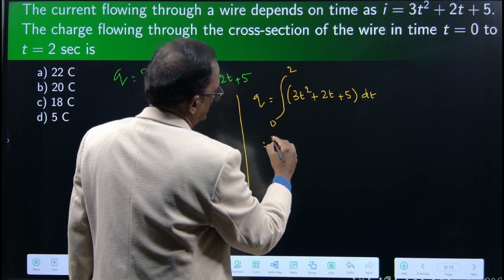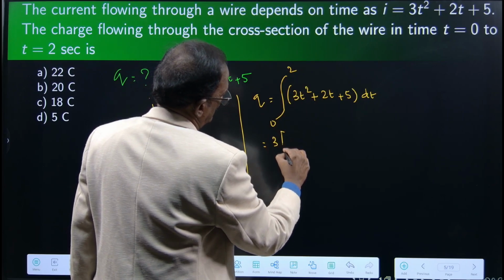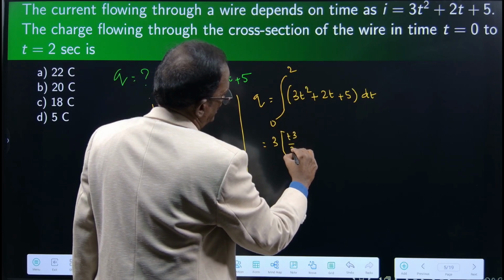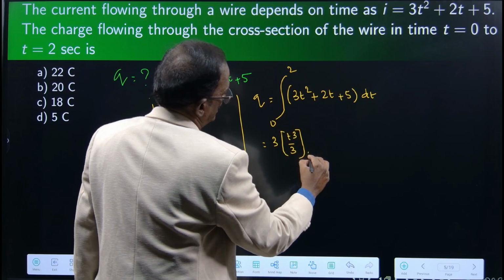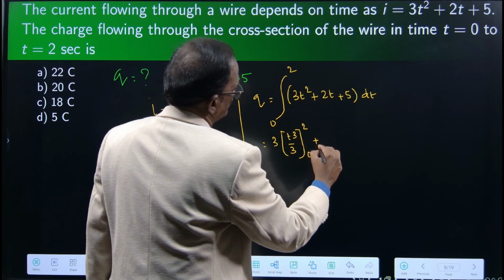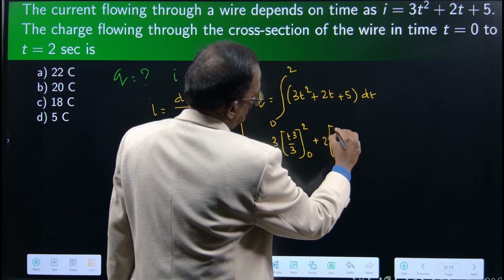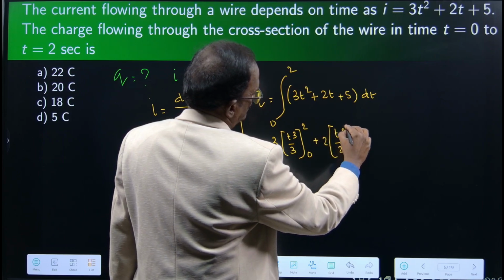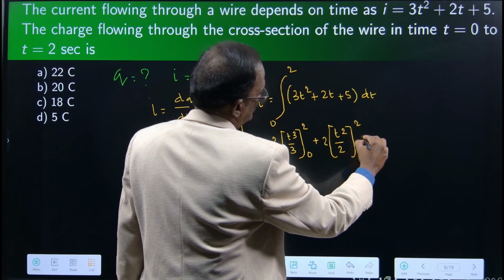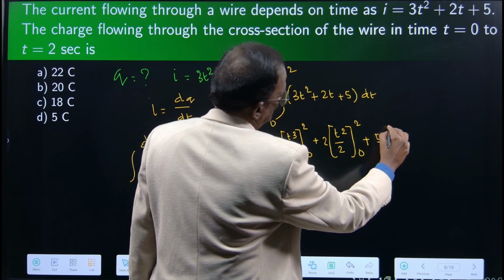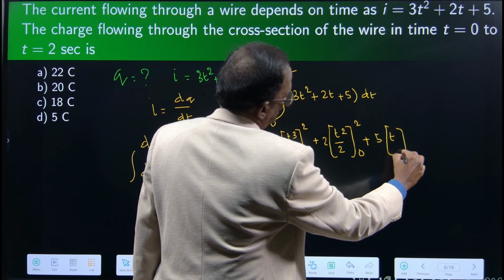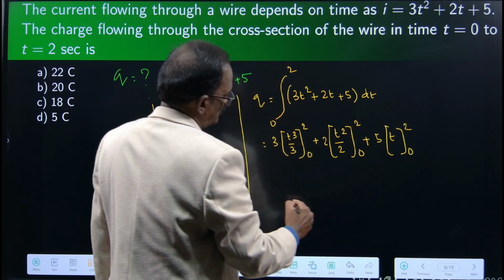Integral of 3t square, 3 constant, t square is t cube by 3. The limits are 0 to 2. Integral of 2t, 2 t square by 2. Limits 0 to 2. 5 constant, I will get t only. The limits 0 to 2.